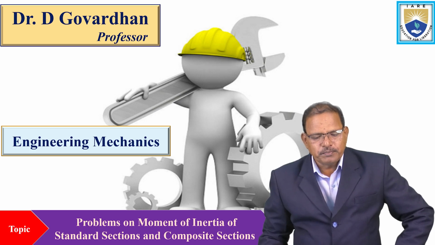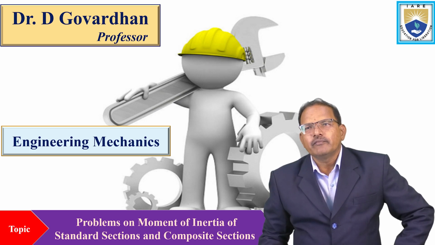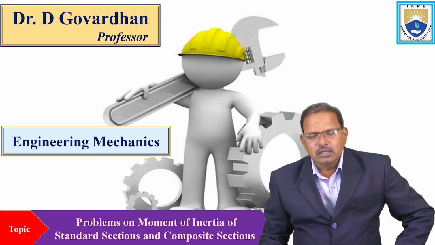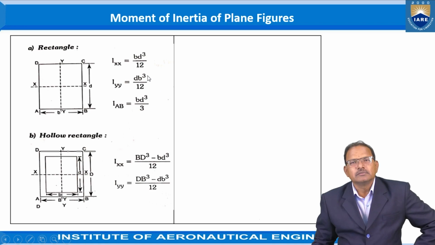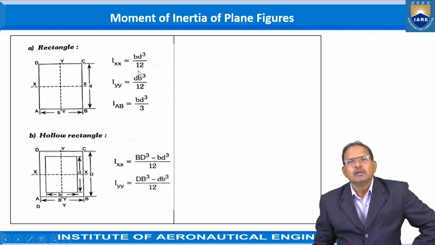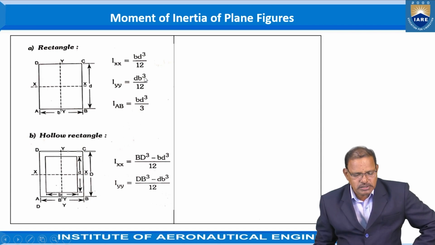The topic is problems on moment of inertia of standard sections and composite sections. In order to solve certain problems, we require the fundamentals of area moment of inertia of standard sections.